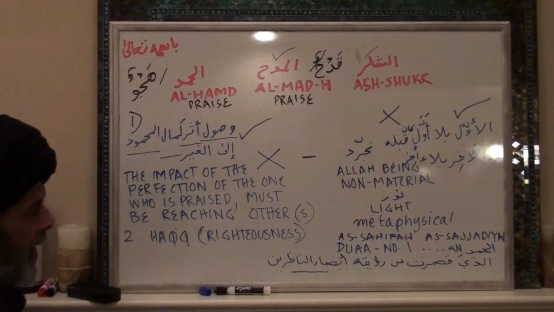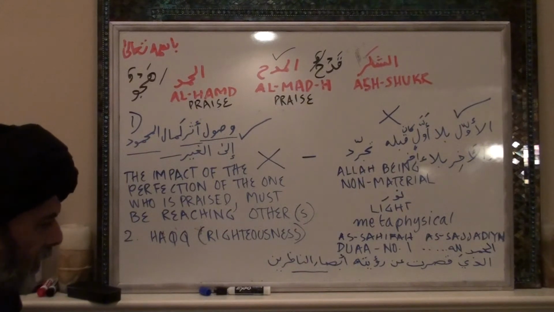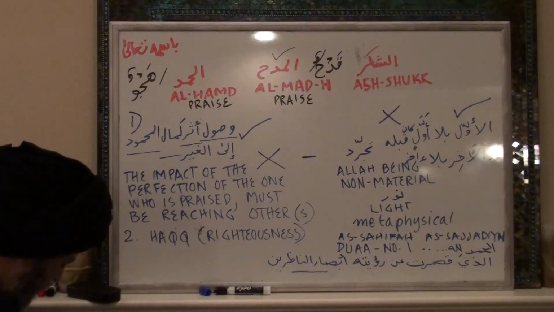You don't use the word hamd and praise for anything which is false, for falsehood, batil, untrue. This difference is also not accepted by the scholars of our faith, followers of Ahlul Bayt.